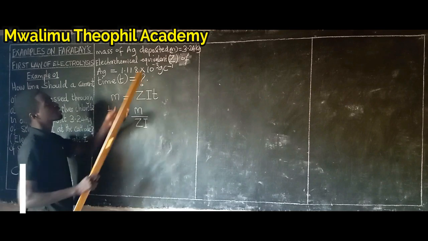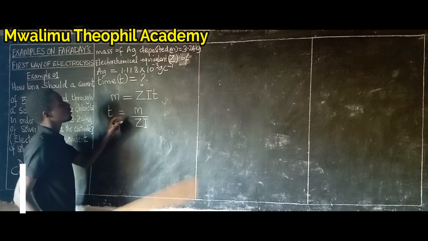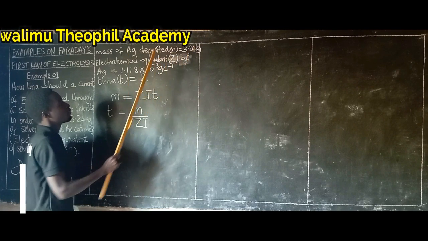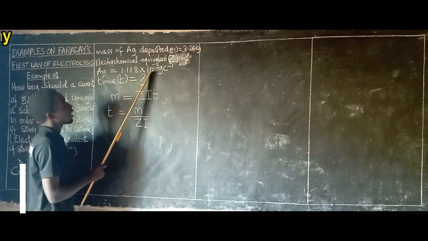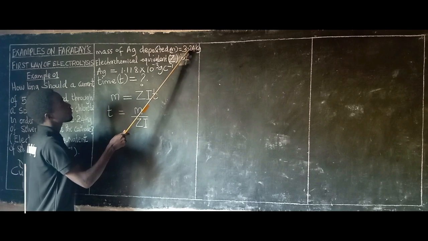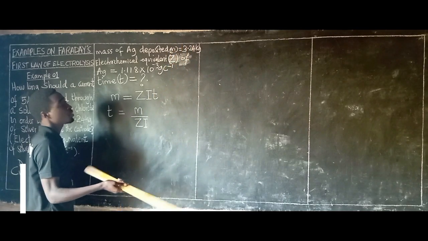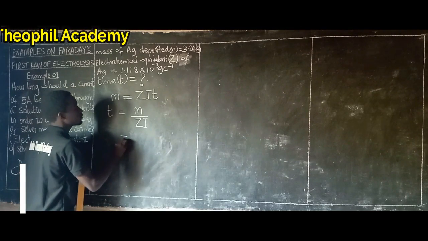So as this mass is in kilogram, it should be changed into gram so as to match the given electrochemical equivalent. For the mass, we are going to multiply 3.24 kilogram times 1000 so as to make it to be in gram. So here we are going to substitute these values.